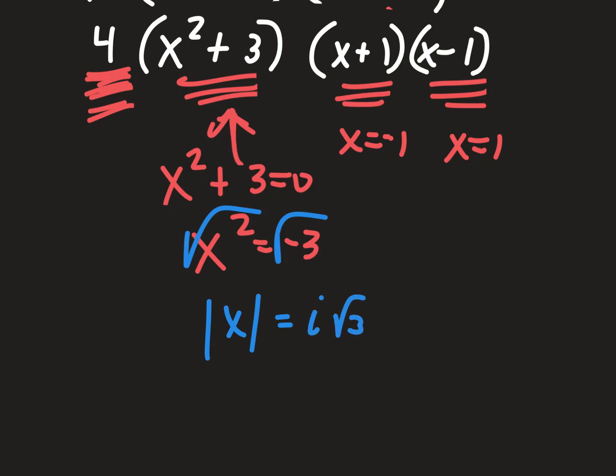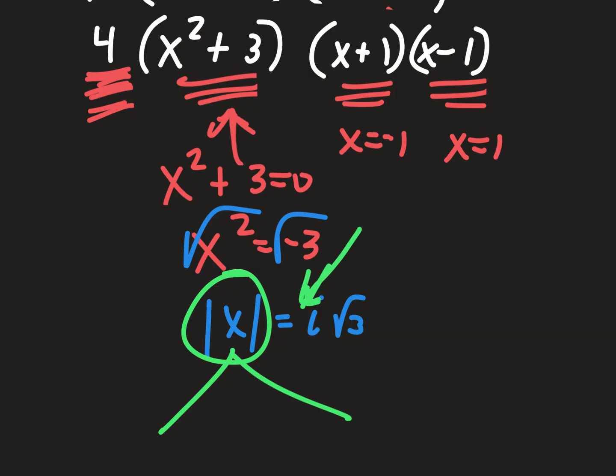And I know some people right here put plus minus. That is wrong. That is not positive and negative. The absolute value will split and give you a positive and a negative answer. But if you put it right here, you're saying that the square root of negative 3 has 2 answers. It does not. The square root of negative 3 only has 1 answer, and it's that.